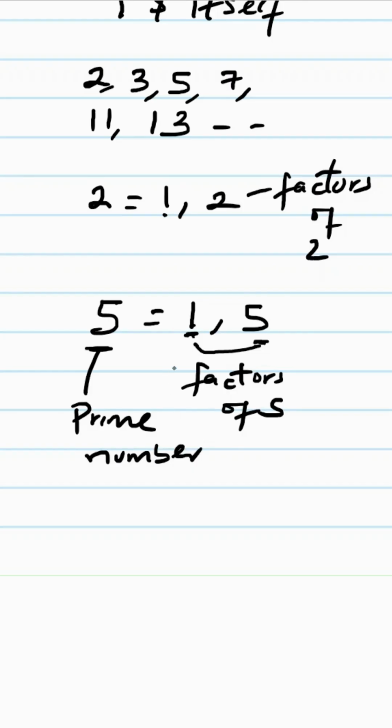So again, prime numbers are numbers greater than 1 that have only 2 factors. And they are 2, 3, 5, 7, 11, 13, and the list goes on. Our next number, composite numbers.